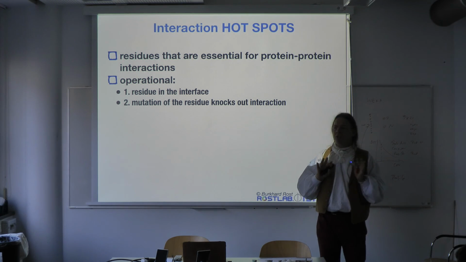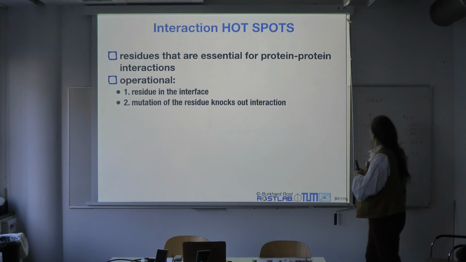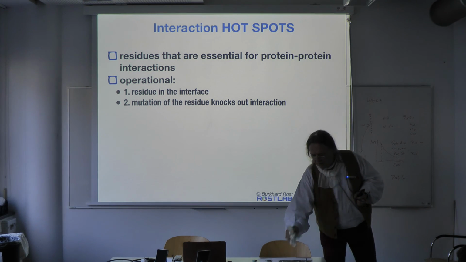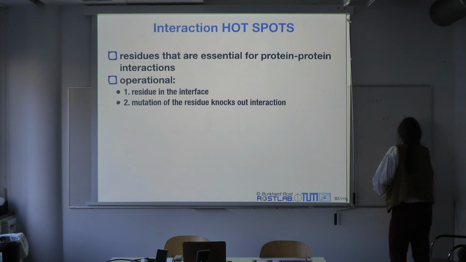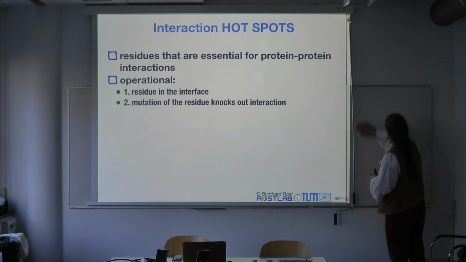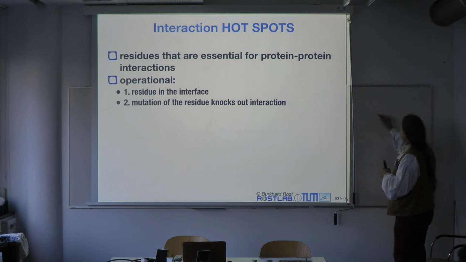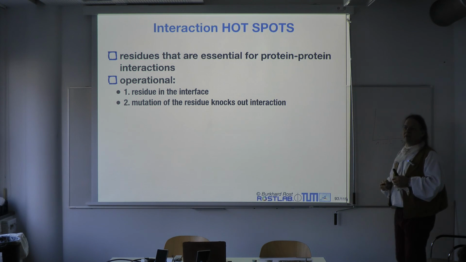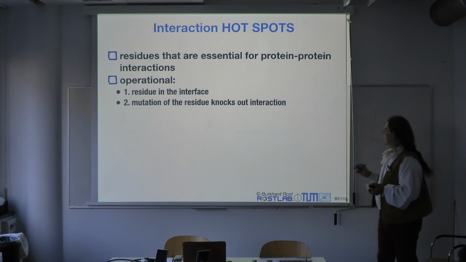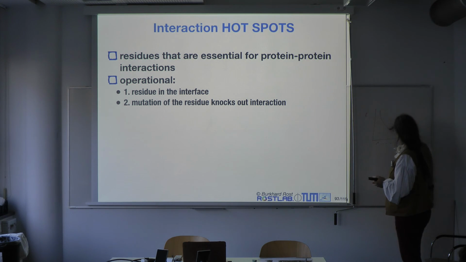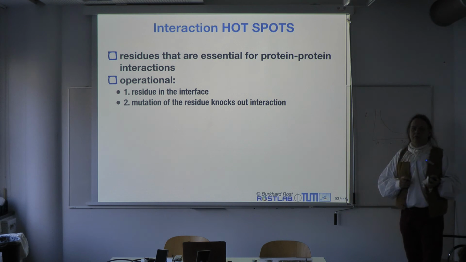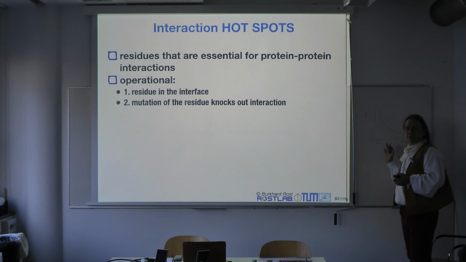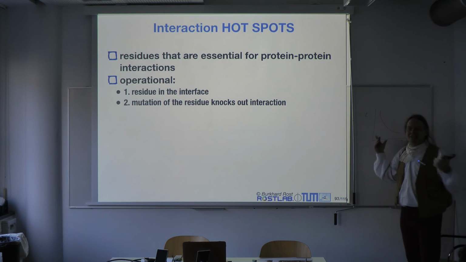Now some people argue hotspots don't exist, because ultimately, yes, we do see that some amino acids or some residues contribute more to the binding than others. But the counter argument is, if I sort my residues, say 30 residues involved in the binding interaction, and I look at the energy contribution, then I see a function like that. Yes, there are some that contribute a lot. But ultimately it's just a function. There's nothing special to these that contribute a lot.